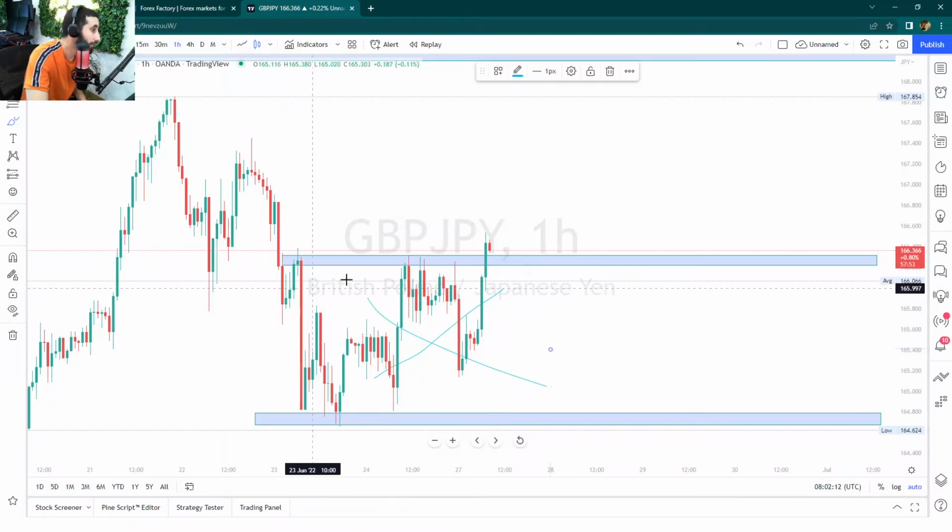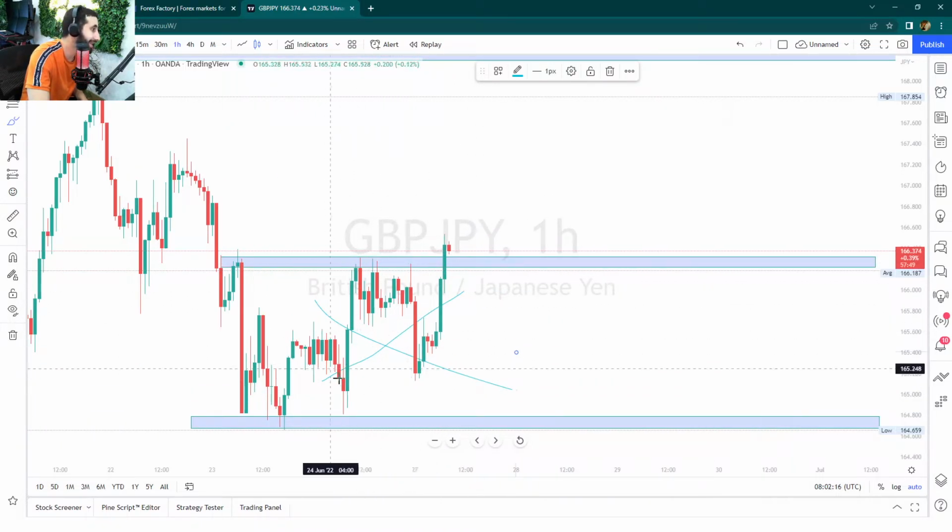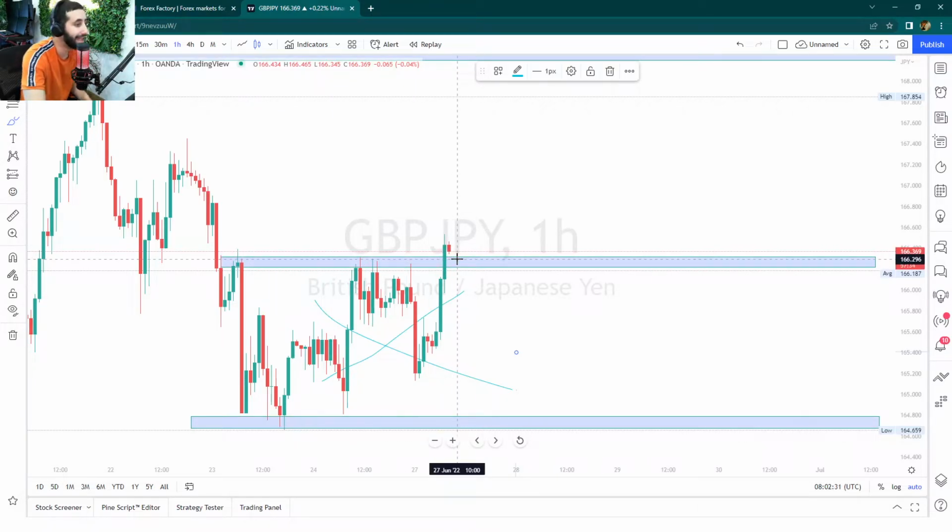If you want to trade on the 1-hour, you can never trade in this area unless the market pops out, whether from the resistance like we can see here. Now you can open a trade safely, but always wait for the confirmation. Wait for the market to bounce back here. When it tests the resistance, now we know that it's going to continue up.